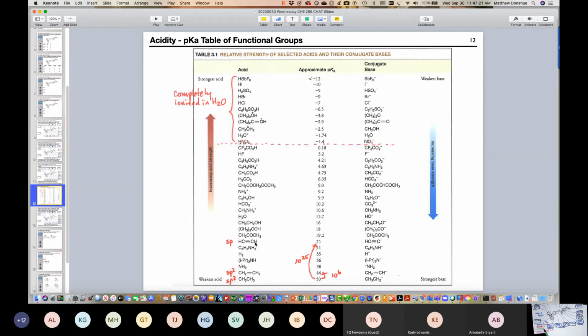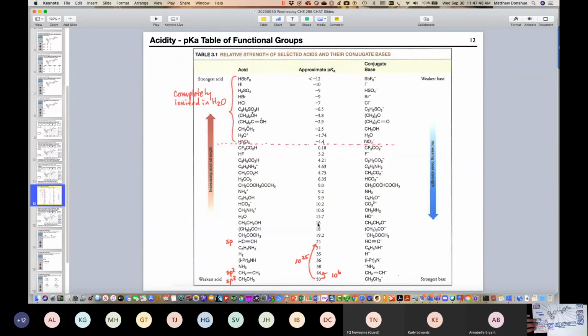Katie and Annabelle are right on the mark here, 16 to 18. So see the OH here, then water is 15.7. So I'm just going to say 16.